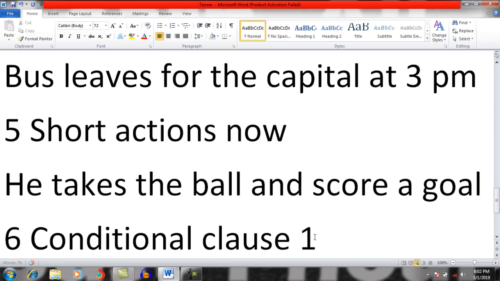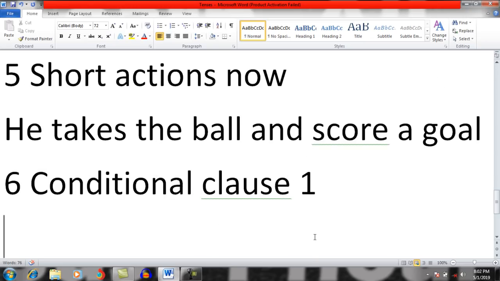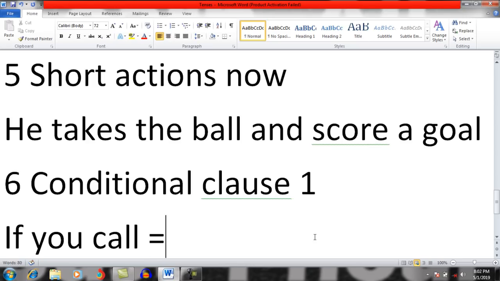Point number 6, we use it in the first conditional. We use present simple in conditional clause 1. For example, if you call, I'll receive.